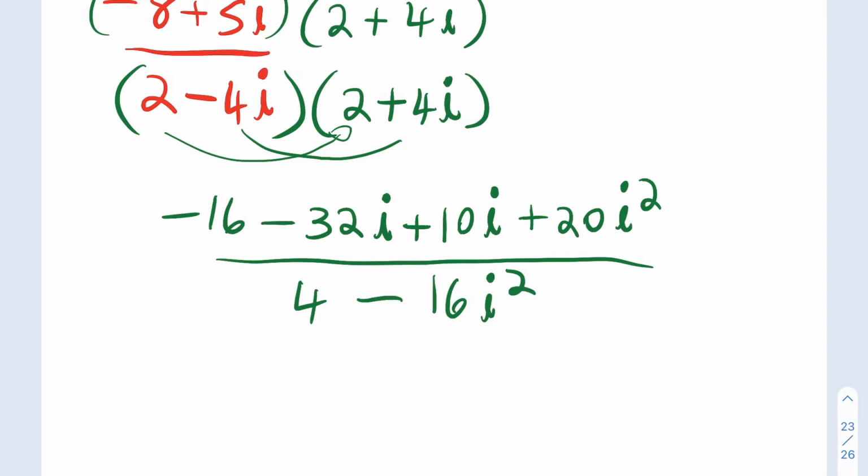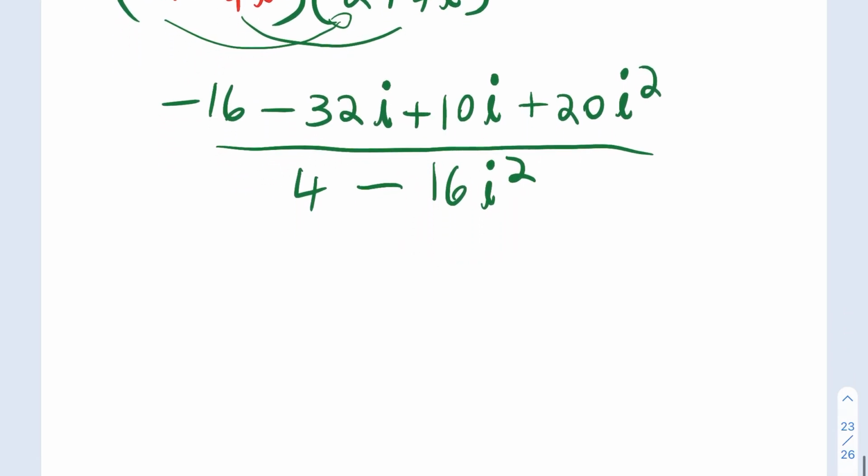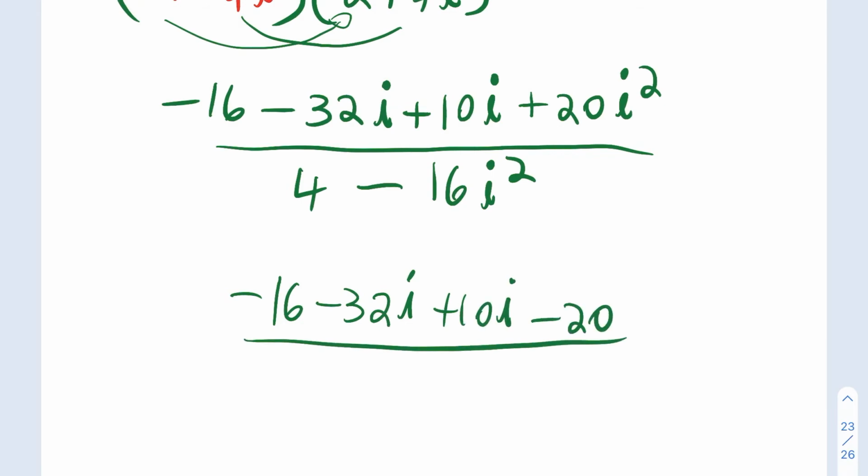These i squareds will change the signs of these terms. So the 20i squared will turn into minus 20, and the negative 16i squared will change into plus 16. So we will get negative 16 minus 32i plus 10i minus 20 over 4 plus 16.